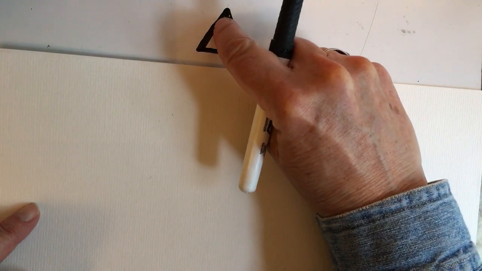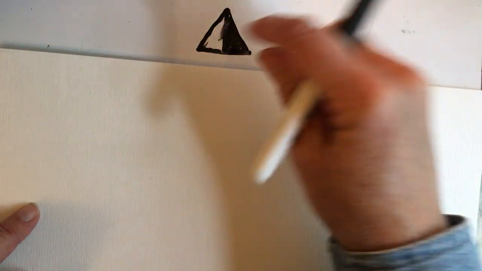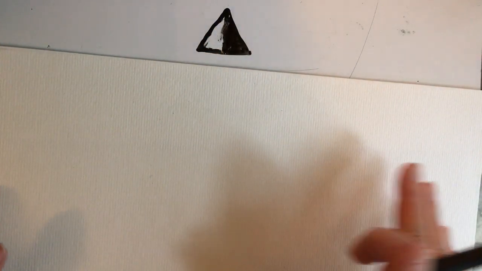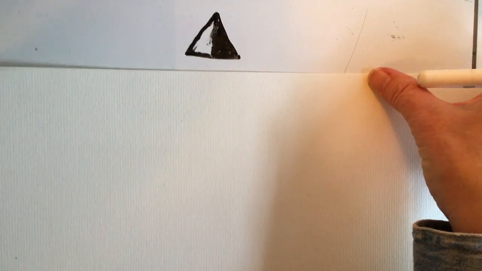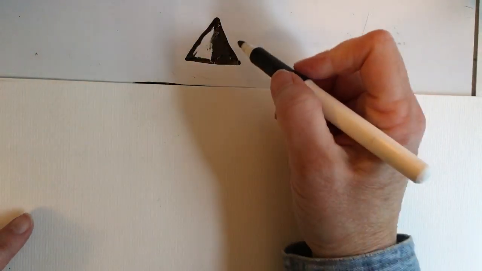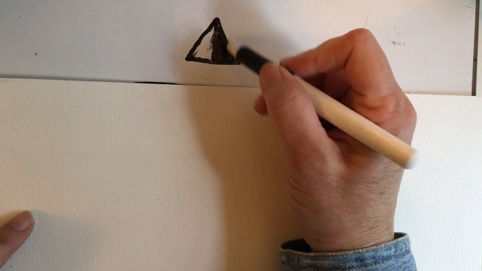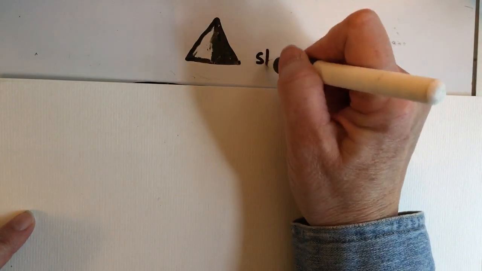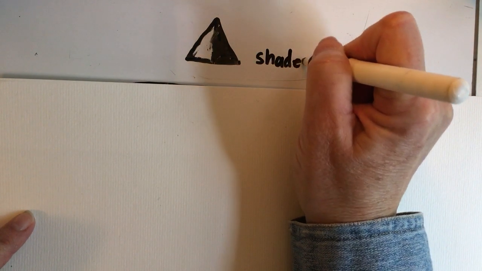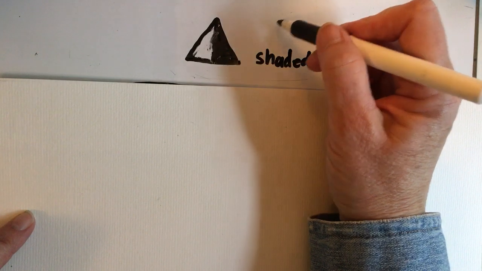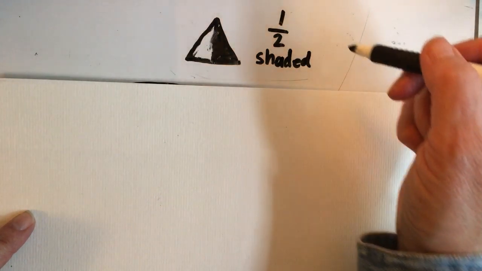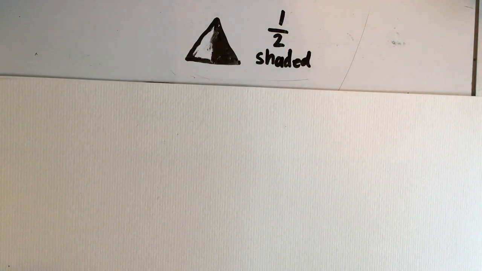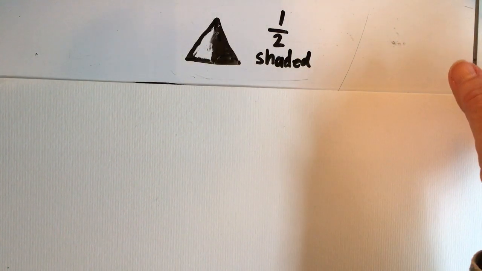Thank you for being patient with me. Goodness. Okay. Knowing that I did a little bit of a sloppy drawing there, can you tell me, what could I call the part that is shaded in that triangle? How much? Yep. 2 in the denominator, and 1 on top. It is half shaded. Great.